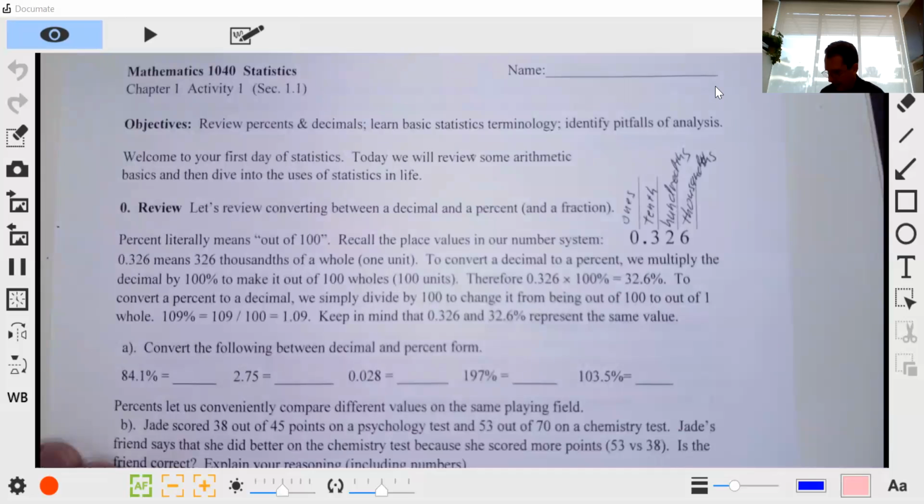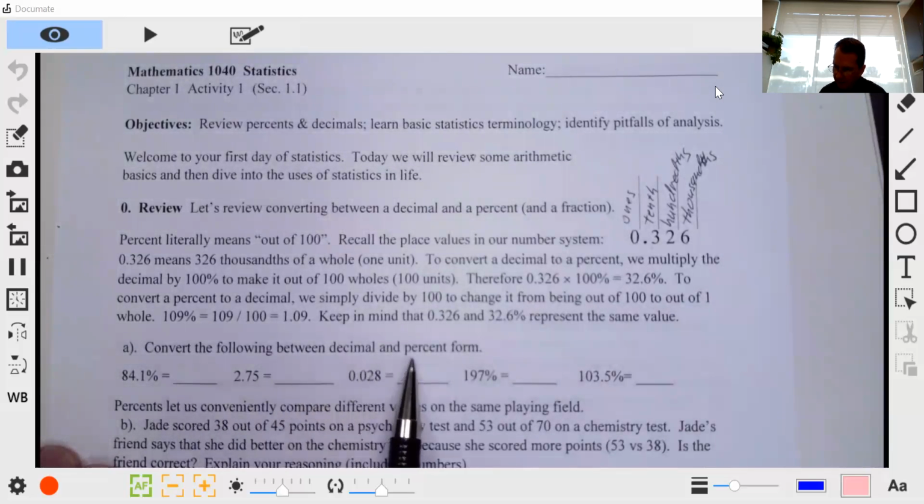So take just a second and convert between these problems right here. So convert between the decimal and the percent form.